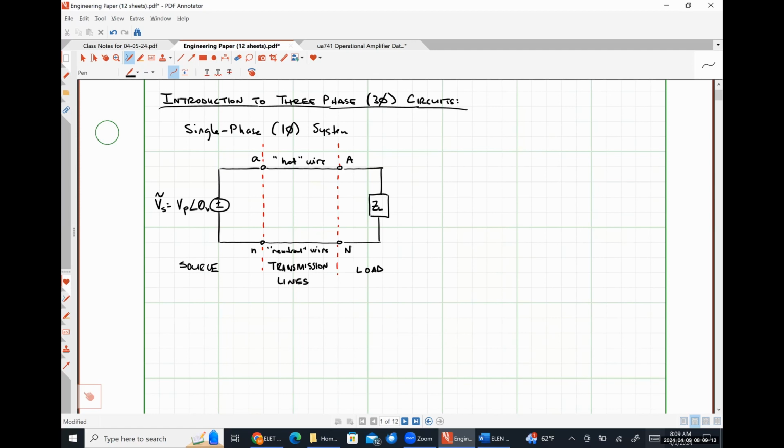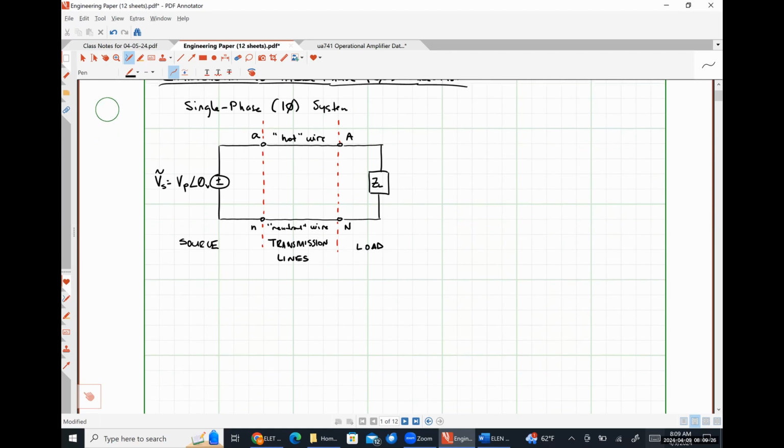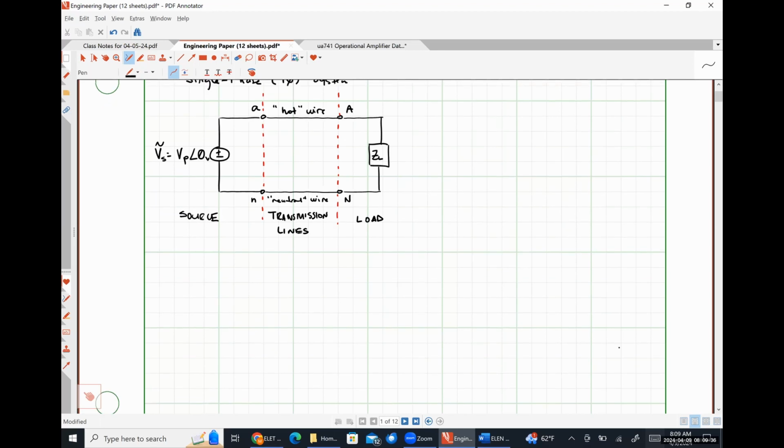So it's an easy way to differentiate what quantities we're going to be looking for. All right. This is a basic overview of a single phase system. The only thing that I have potentially left out of here would be that our hot wire and our neutral wire may have some impedance as well, and we'll get to that in a little bit.